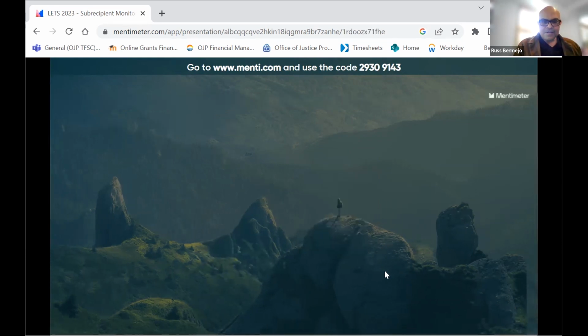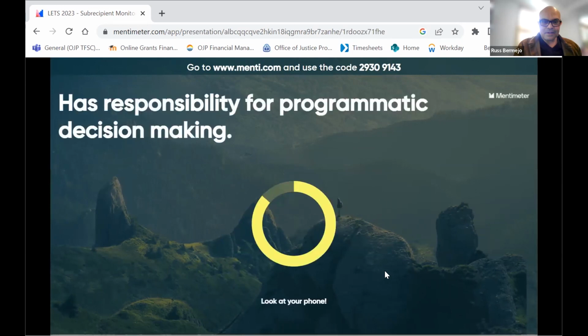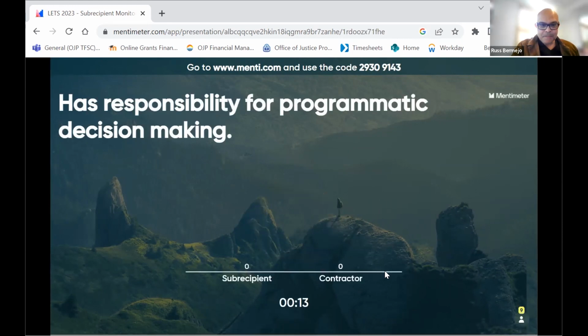Okay, I think that's, oh, one more. Has responsibility for programmatic decision-making. Subrecipient or contractor.